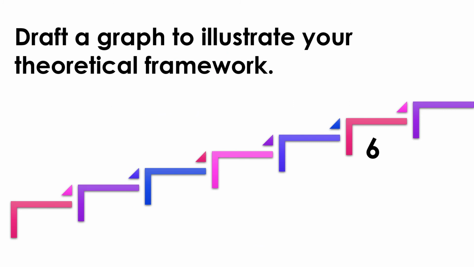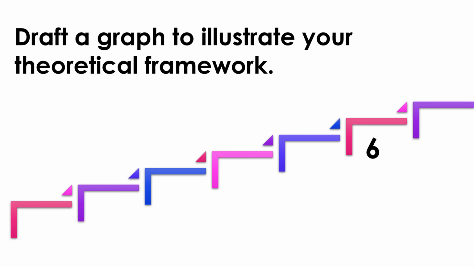Step number 6. Draft a graph to illustrate your theoretical framework, which includes the constructs and their relationships. A graph is not required in a theoretical framework, but it can be very helpful for your readers to understand your ideas. A graph also helps you organize your own thoughts.